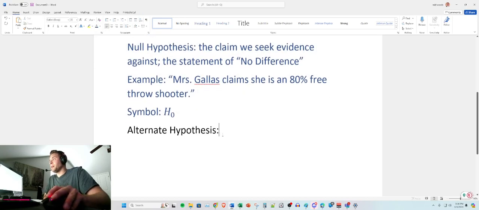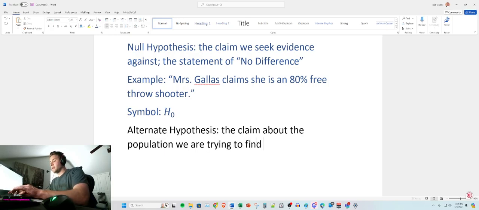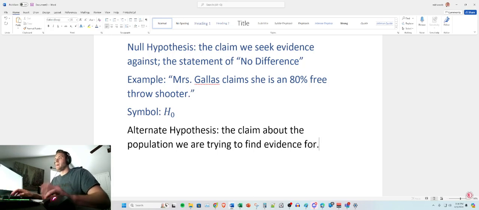Okay, so the alternate hypothesis is the claim about the population we are trying to find evidence for. Okay.